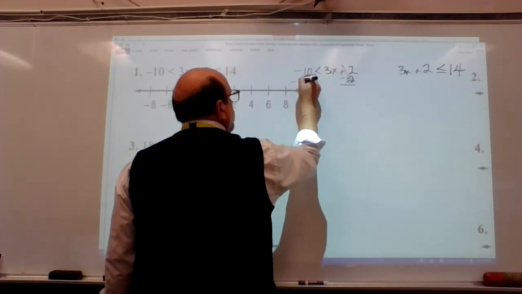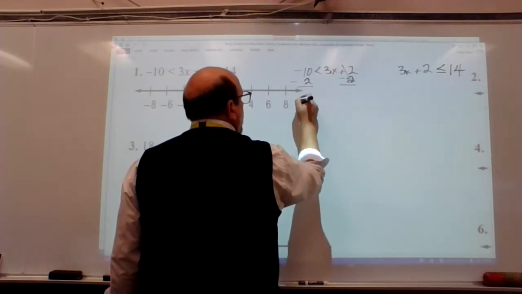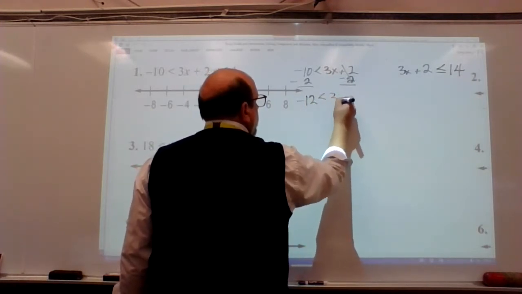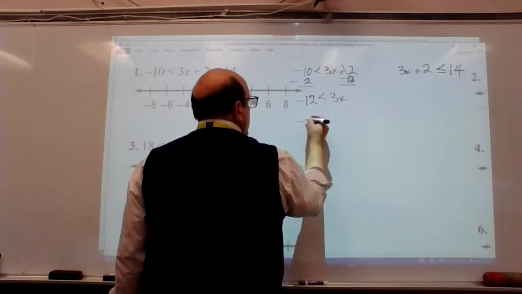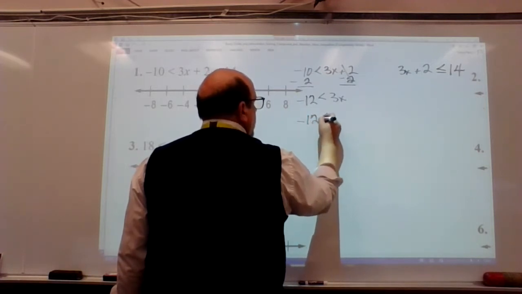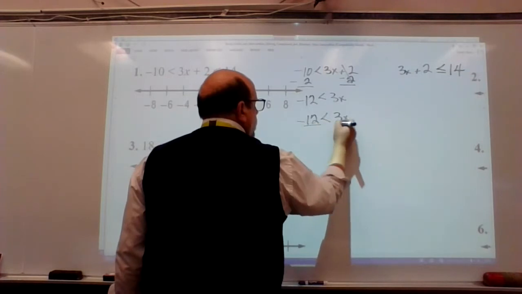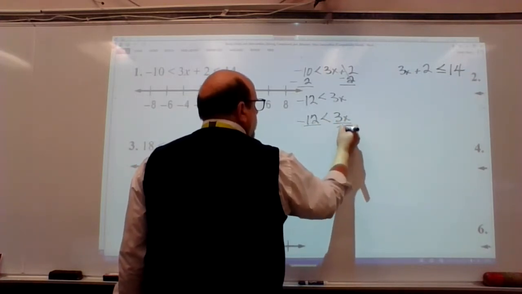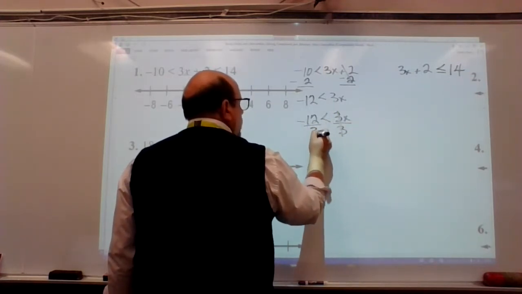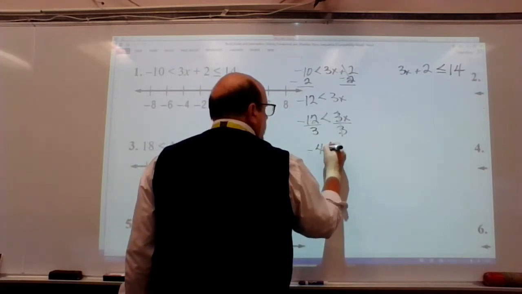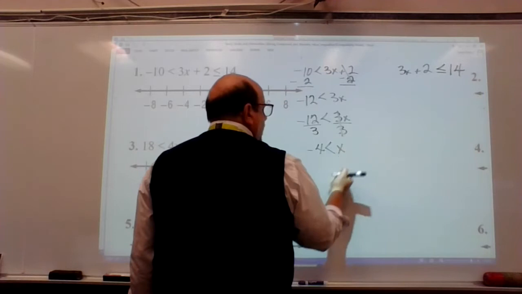We subtract 2 from both sides, which gives negative 12 is less than 3x. Divide both sides by 3, and negative 12 divided by 3 gives negative 4 is less than x.